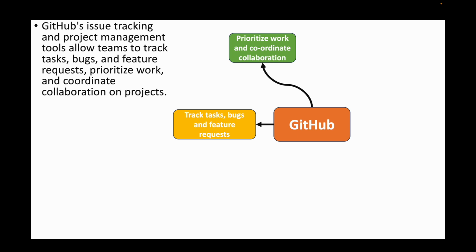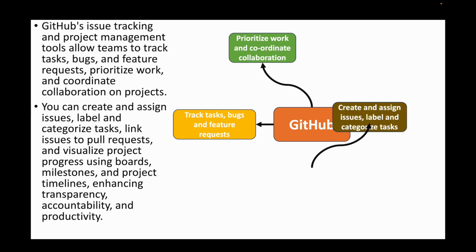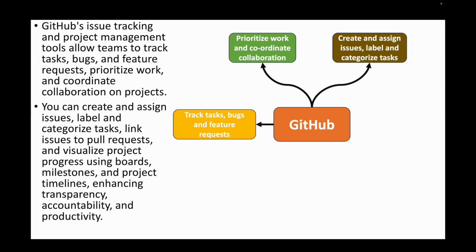So you can think of it as a ticketing tool, which can be used to keep track of the work that is being done, and also we can plan the work that needs to be done and also collaborate with other contributors. We can also create and assign issues, label those issues, and also categorize the tasks.